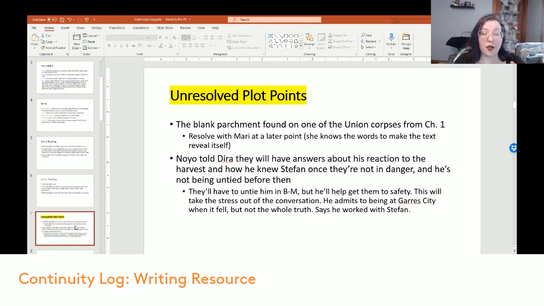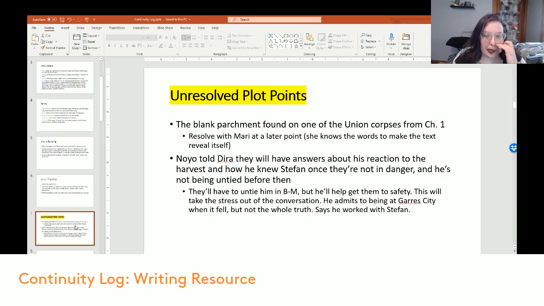So, other things that I find really important. This slide is my favorite because this stops me from leaving things hanging by accident. It's one thing to do the Tiger and the Lady short story where you intentionally left it open. It is another beast completely to forget you mentioned a plot point and never go back to it.